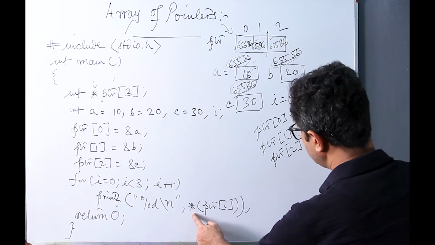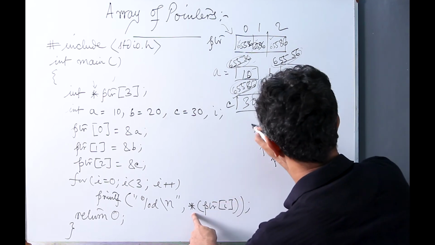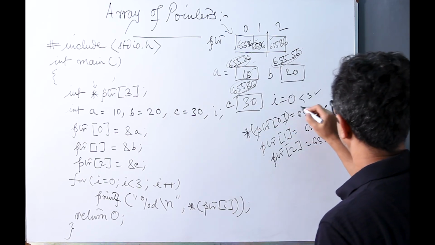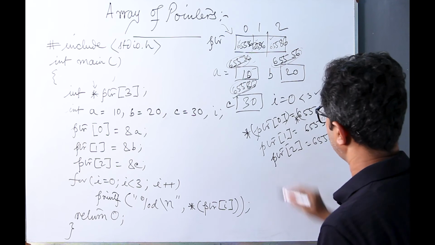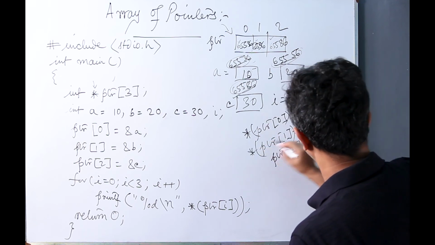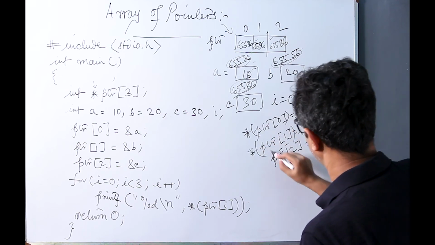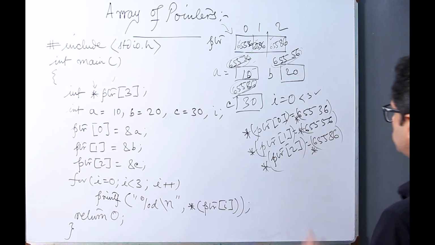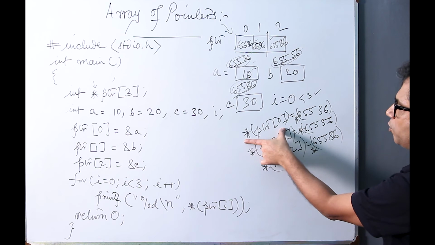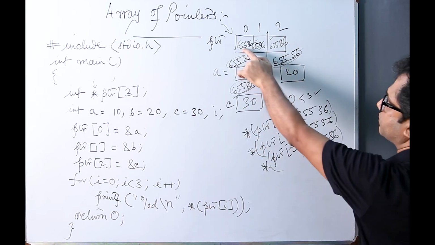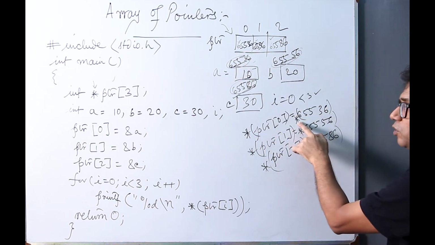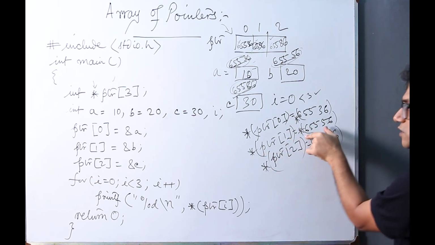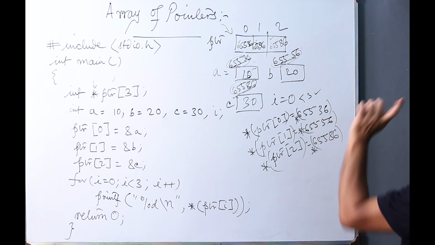But I have written star PTRI, that is I am going to print star of PTR0, star of this one, that means star of any memory location. So this is a memory location 65536. Star of a memory location is nothing but the value contained in that memory location. So star of 65556 is the value contained in 65556.